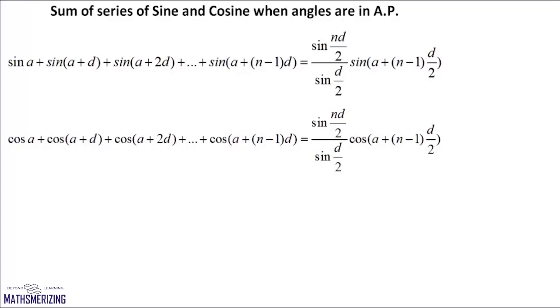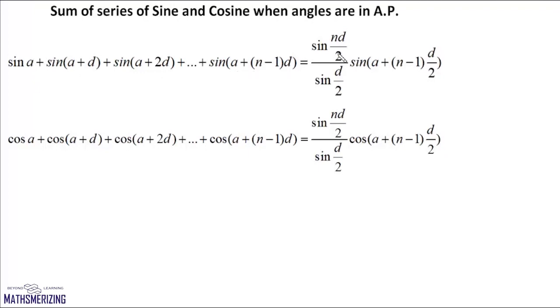In this video, we'll be proving two very important formulas in trigonometry, which give the sum of the series of sine and cosine when angles are in AP. Now the first formula is sin A plus sin (A plus d) plus sin (A plus 2d) up to sin (A plus (n minus 1)d).